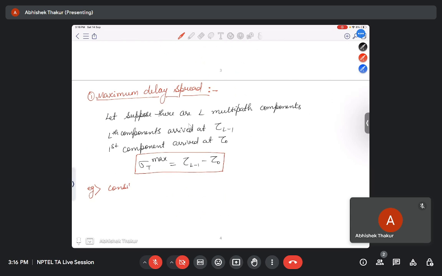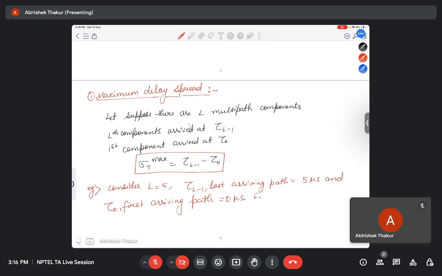Consider L is equal to 5 and tau of L minus 1, that is the last arriving path, is equal to 5 microseconds, and tau naught, that is the first arriving path, is equal to 0 microseconds.